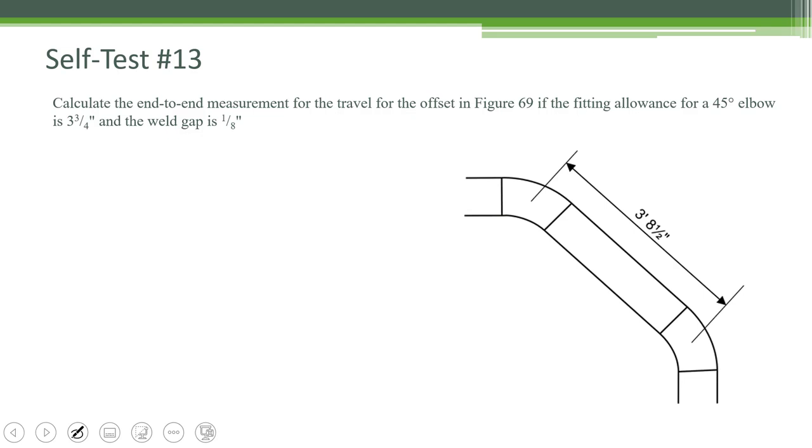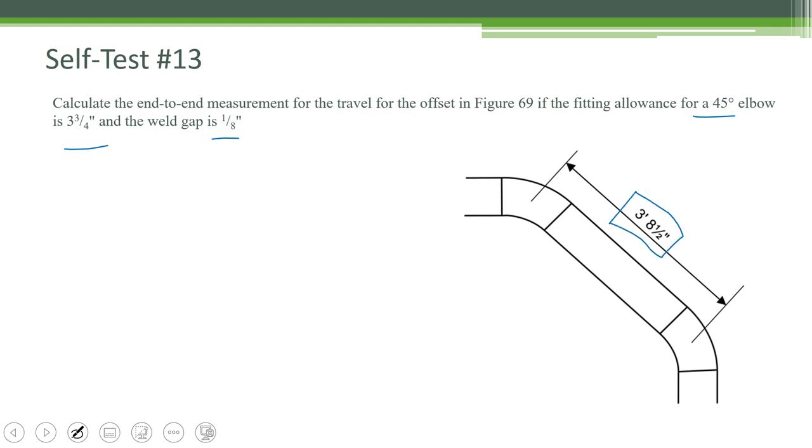Okay, here I have to calculate a pup length. Here it's kind of nice. They're telling me that the fitting allowance is 3 3/4, and the weld gap is 1/8 of an inch. Okay, so it's up to you on what you think is easier.